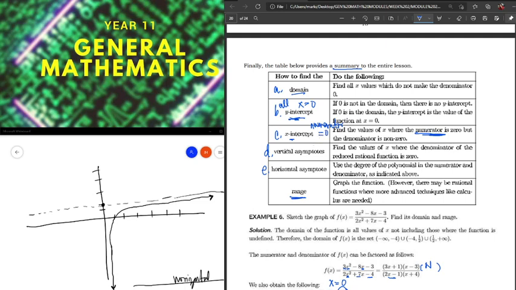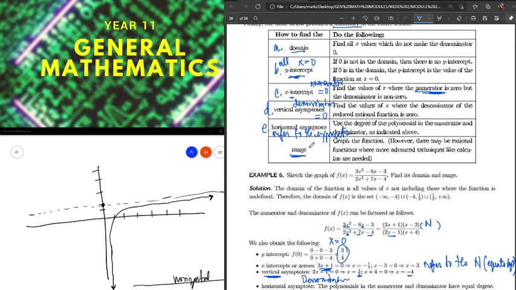And the vertical asymptotes, the denominator will be equated to 0. And then horizontal asymptote, refer to the exponents. Okay, so once you're done finding the domain, y-intercept, x-intercept, vertical asymptotes, horizontal asymptote, by the way, this range can be found in our sign table. That is the output, the outcome.